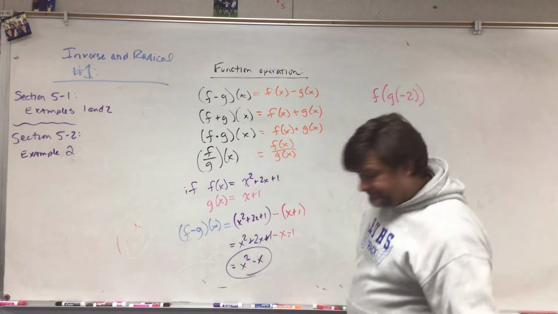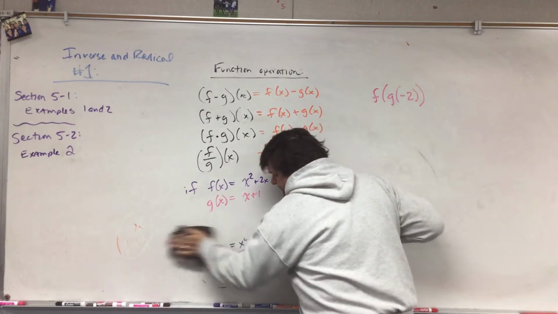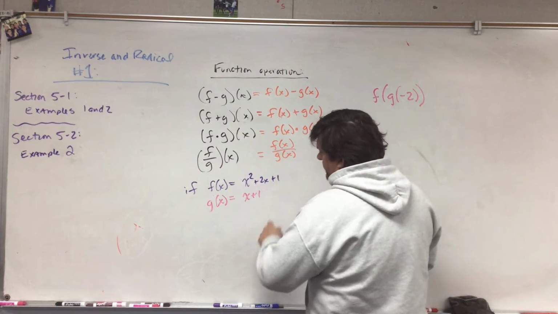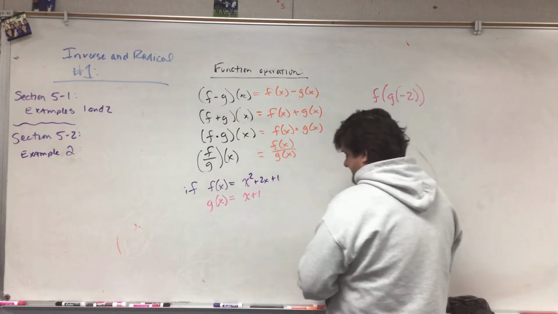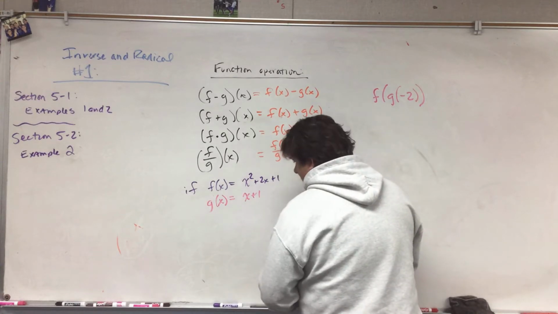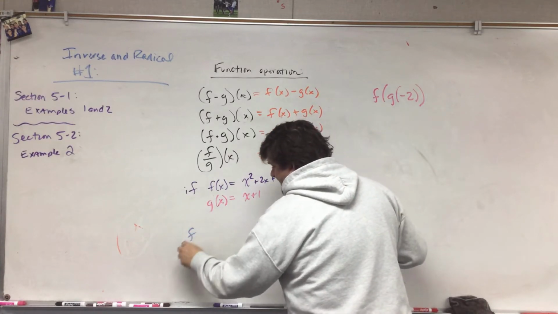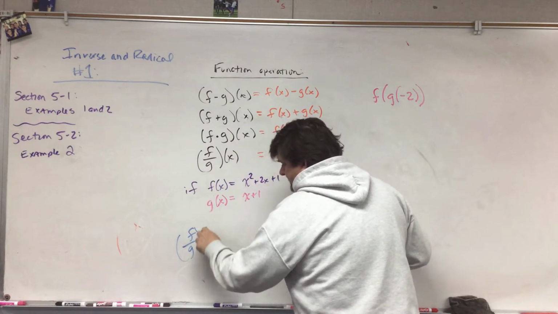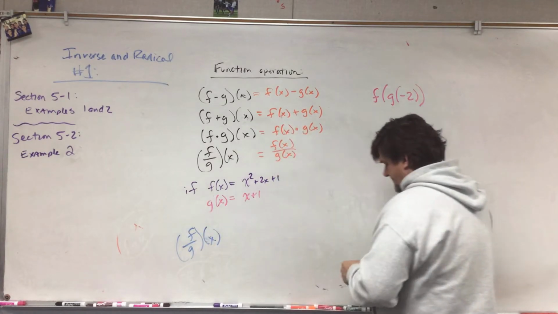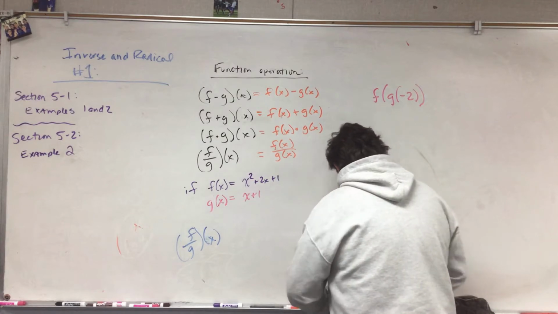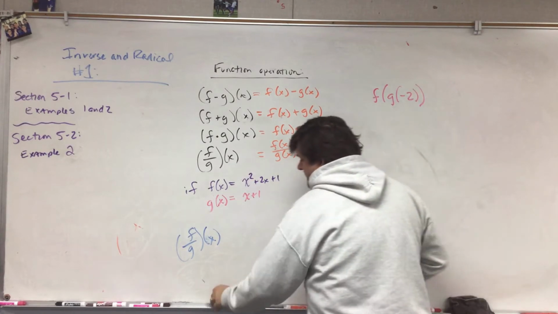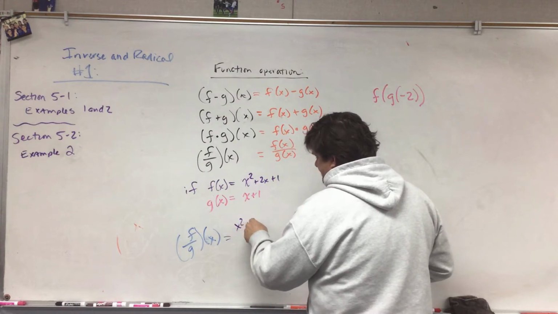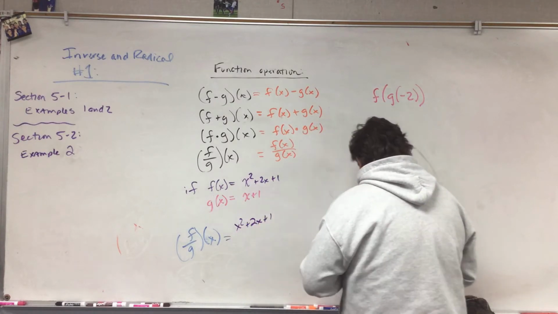So let me show you the division one. We're going to work with this one right here, and this is going to be f divided by g of x. So we've got our purple one on top, x squared plus 2x plus 1.